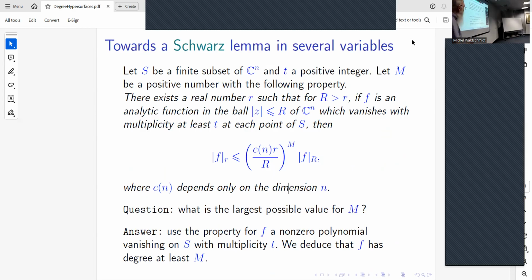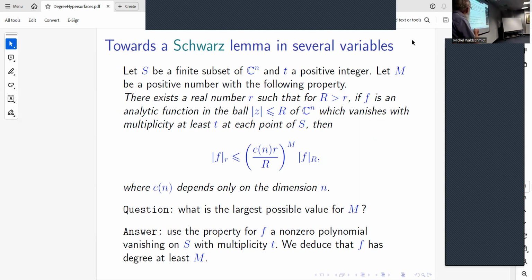So the natural question is the following. We have a subset S of C to the n, and we ask for a Schwarz lemma in several variables, which is another one for f, with a number which would be smaller than 1, provided that we know that the analytic function vanishes with multiplicity at each point of S. And the question is, what is the largest value of this multiplicity? The answer is given as follows.